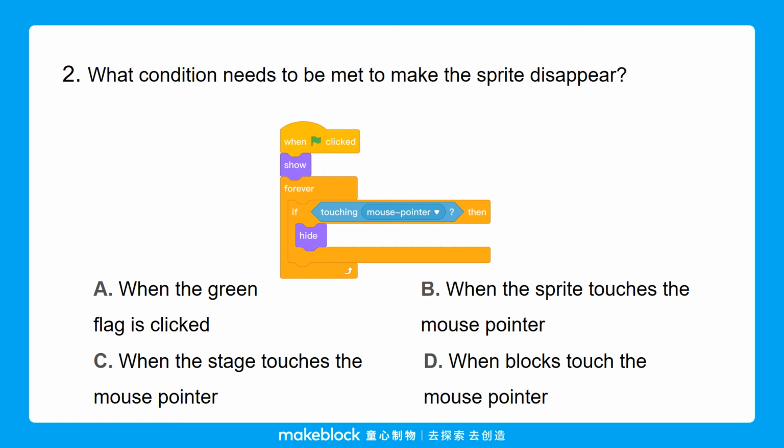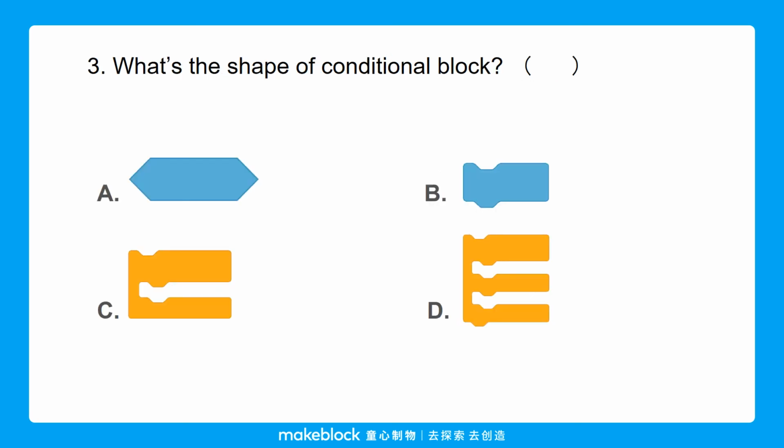Question 2. What condition needs to be met to make the sprite disappear? Question 3. What is the shape of the conditional block?